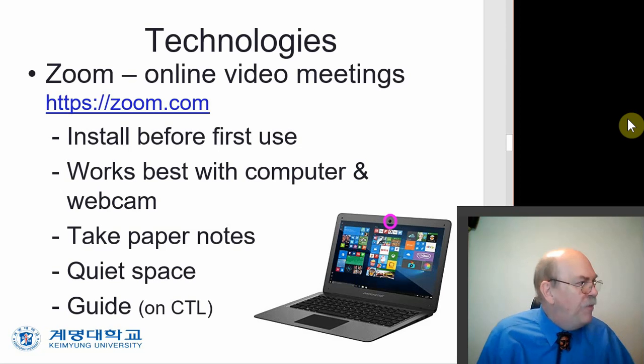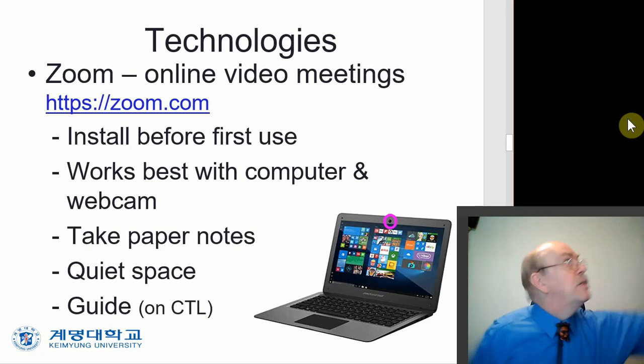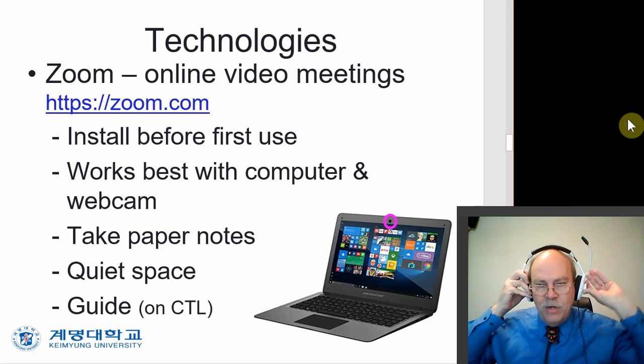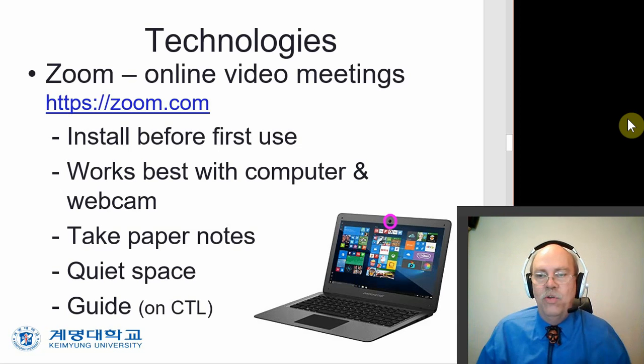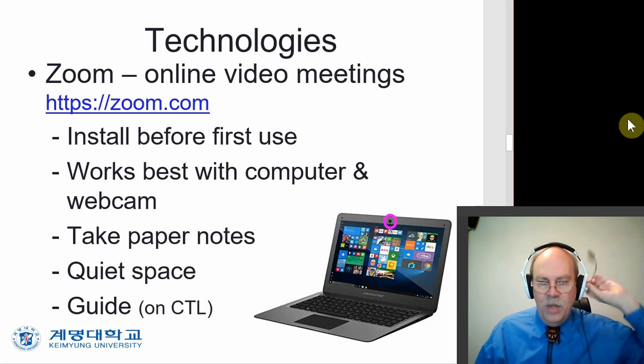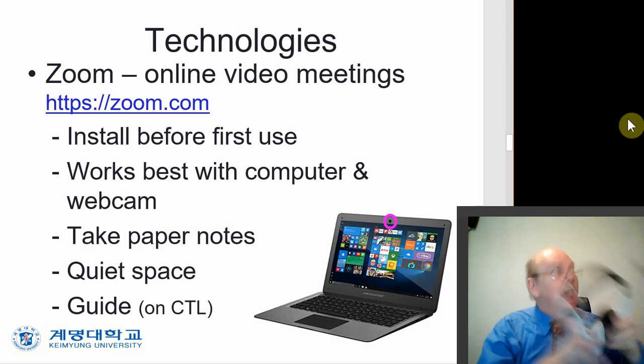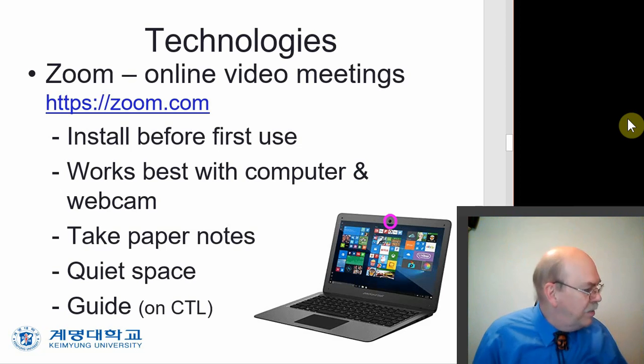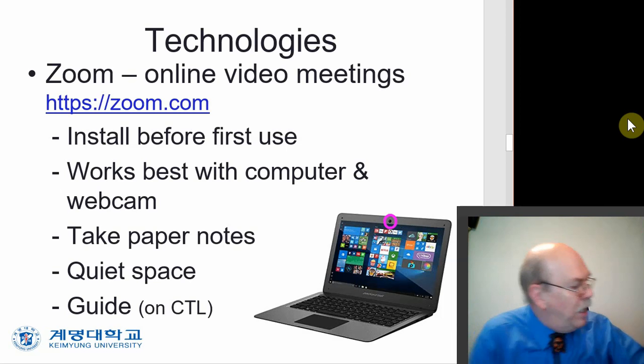Probably an earphone is a good choice. Now, a full-sized earphone with a microphone will give you the best audio and your classmates will hear you the best. But if you're in a very quiet place, you don't need that. If you're in a very quiet place, you could use earbuds.